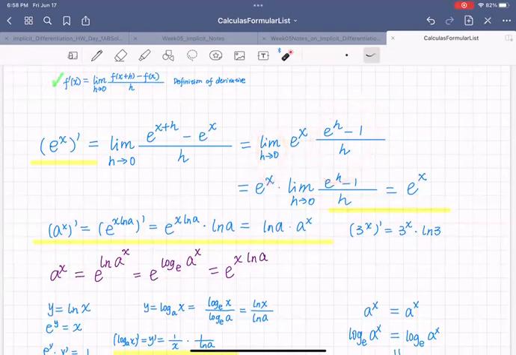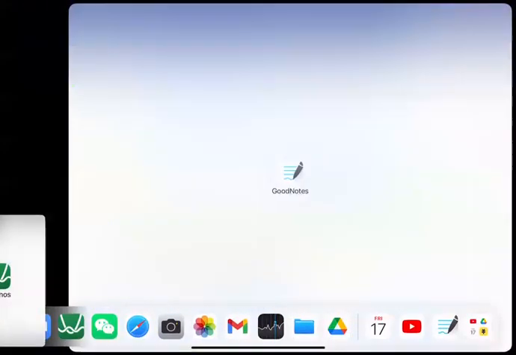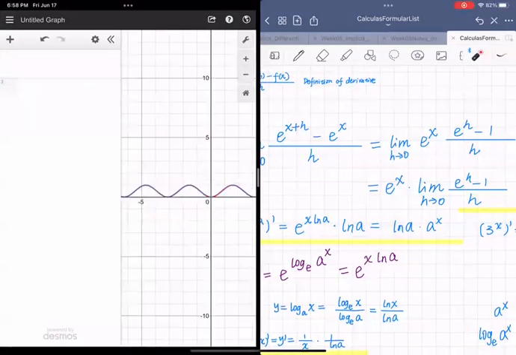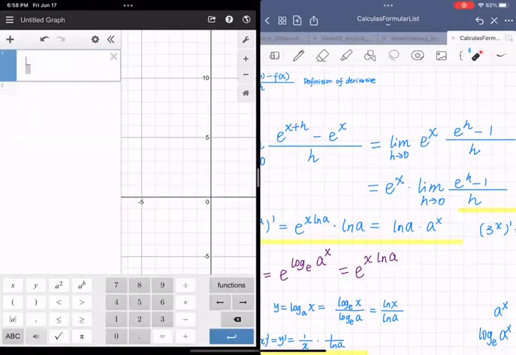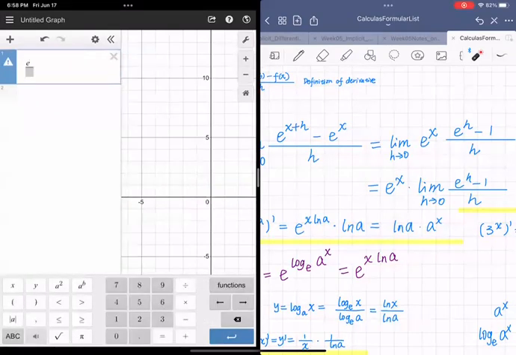So far, what we do is use a graphing calculator to figure this out. So what you do here, you just go ahead: e to the power x minus 1 divided by x.